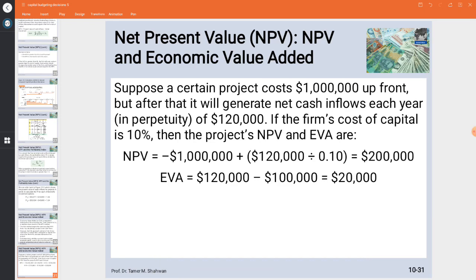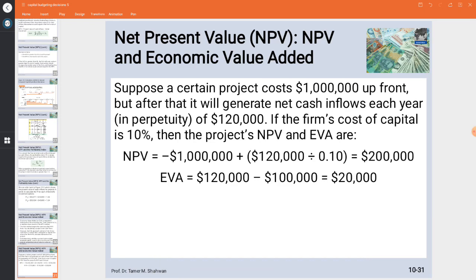Our PV of cash inflows is a perpetuity cash flow, so we implement our equation, which is C divided by R. C is 120,000 divided by R, a discount rate, which is given as 10%, and then we subtract our initial cost, which is 1 million. Our NPV equals 200,000 US dollars, which is positive. In this case, we accept the project.